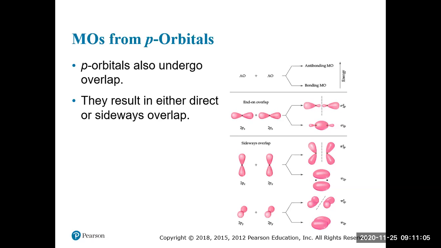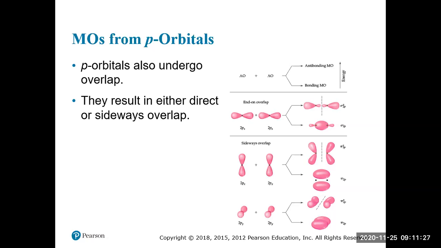The way they overlap goes back to the orientation of these p orbitals. When we think back to how the p orbitals were oriented in the atoms, remember there was a 3-dimensional component to it where we had ones that were along the z-axis, along the x-axis, along the y-axis. And so that's what we want to take a look at here.